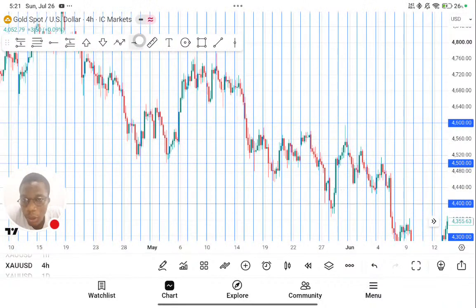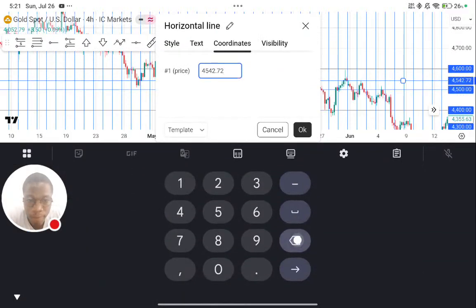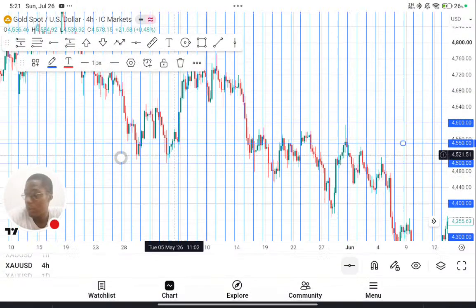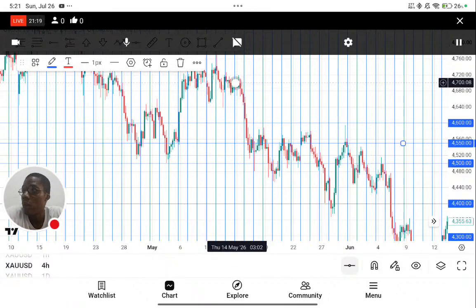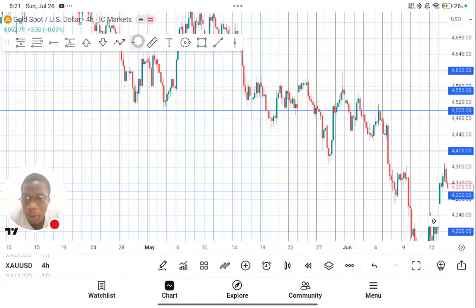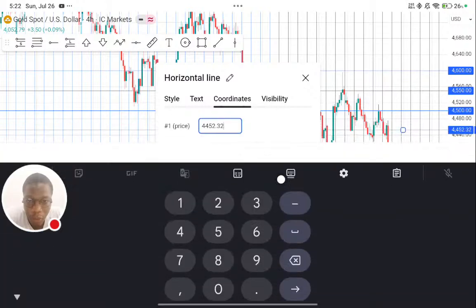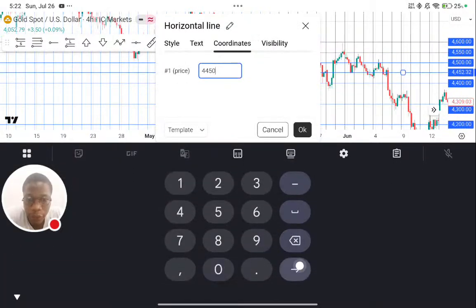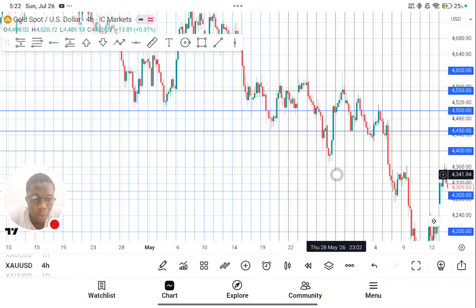If I want to split it, 4,550. In between here, I'm having 4,450.